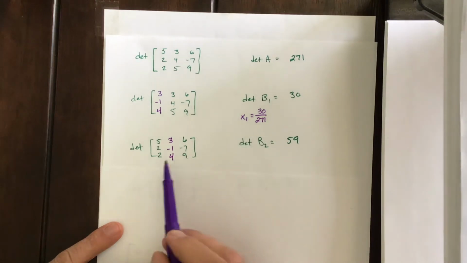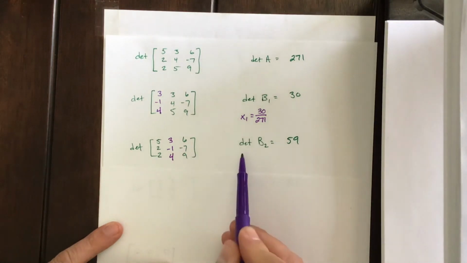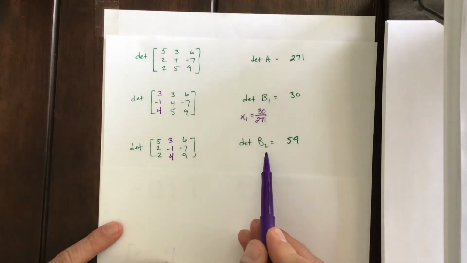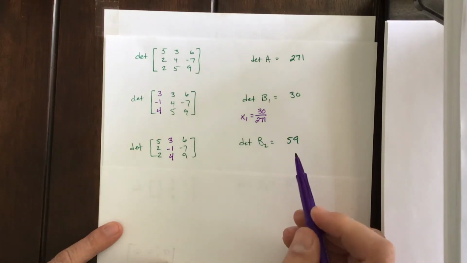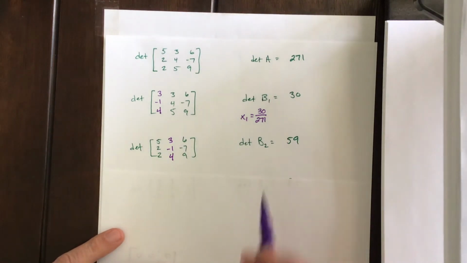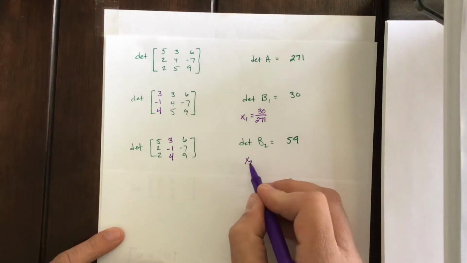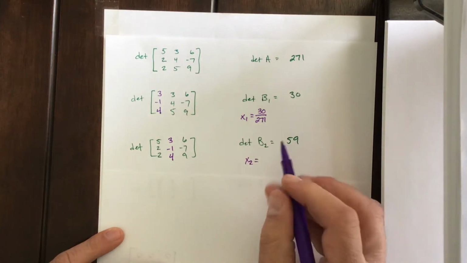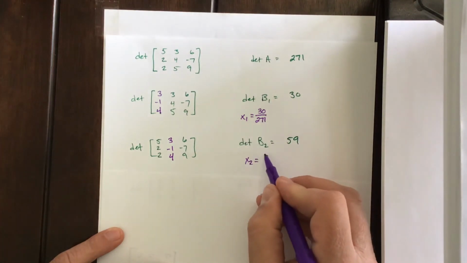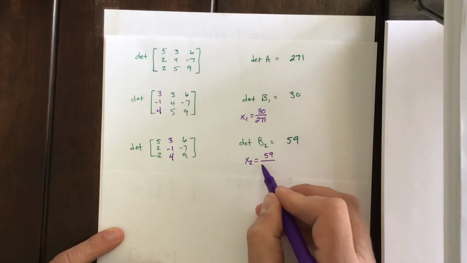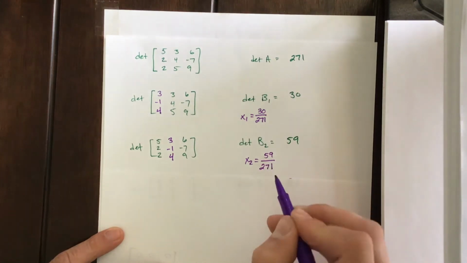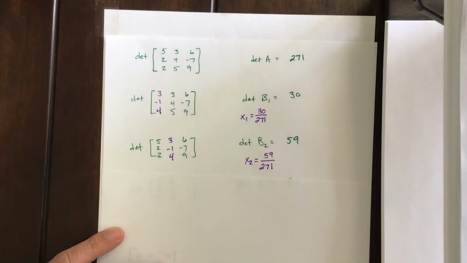And this is the matrix B2. Compute the determinant of B2. According to my calculator, it's 59. So that means x2 is the determinant of B2, that's 59, divided by the determinant of A. That's 271.